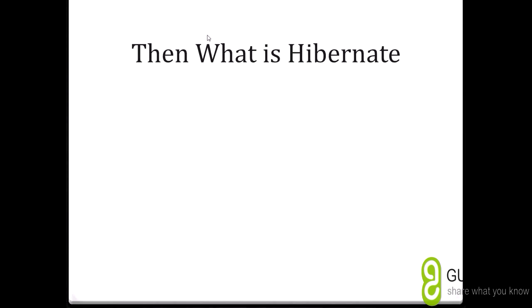So then what exactly is Hibernate? So just simply, Hibernate is one of the JPA providers. They have implemented a standard JPA interface, okay, and they are one of the most popular JPA providers, okay.